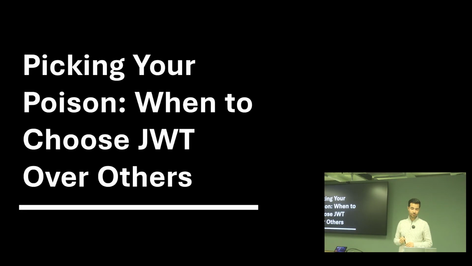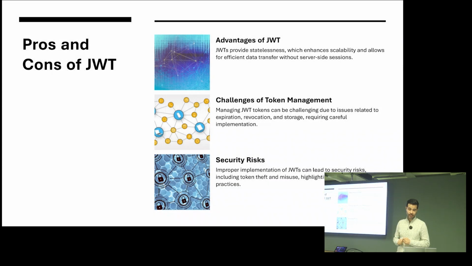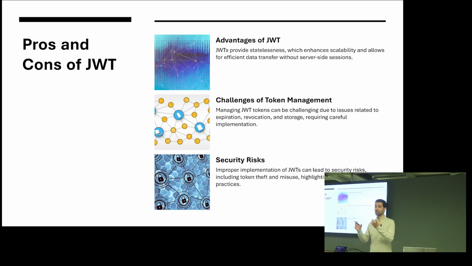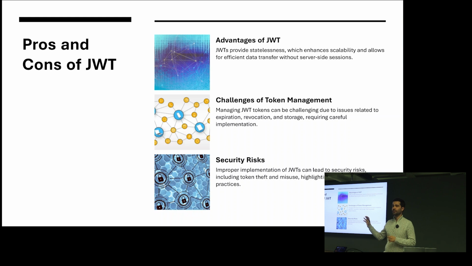And that brings us almost to the end of our session. I'm going to talk about the pros and cons of using JWT. Advantage of JWT, as I said, is if you need to really have a scalable application or not. Because when you're using JWT, you don't need to be worried about server-side session management.